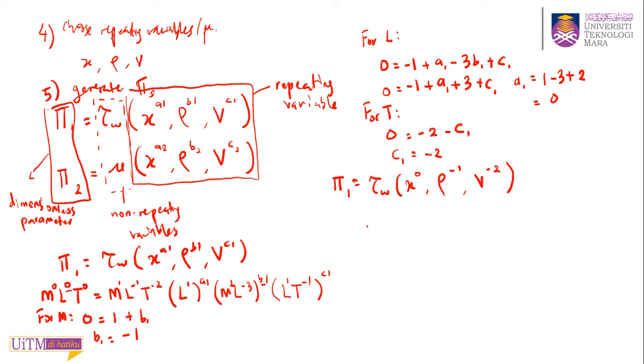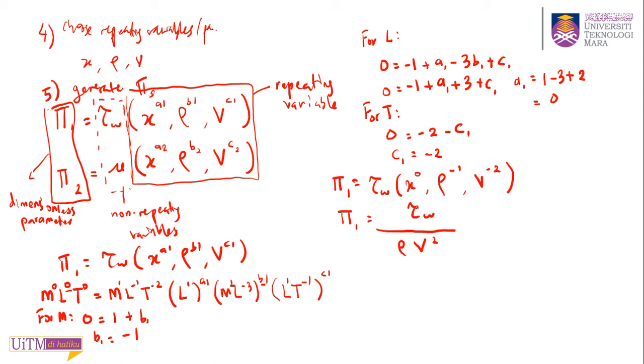So this solves our first pi, and we can write pi 1 equals tau over x^0, which is nothing, and rho^minus 1, so over rho, and V^minus 2, over V squared. So this will be our first pi.